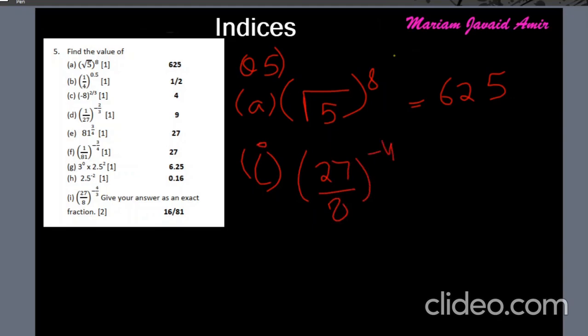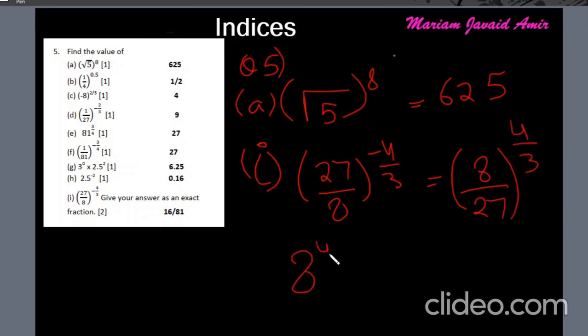Minus 4/3. So what we'll do is show the examiner some working because it's for 2 marks. So the first step could be, let's take the reciprocal and make the power positive. So reciprocal, 8/27, and this will make the power positive. Now we have to find 8 power 4/3 over 27 power 4/3.